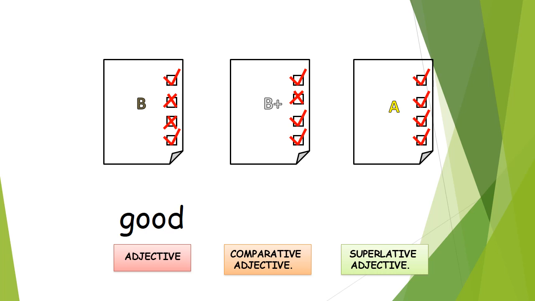So, good. What is it going to be? The comparative adjective. Gooder, goodest. Oh, no, no, no, no. There's no English like that. Here it will be what?